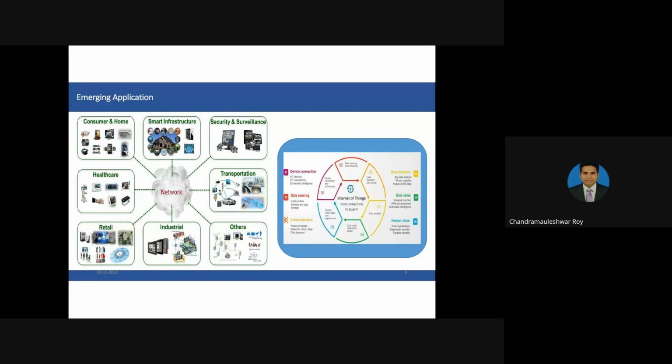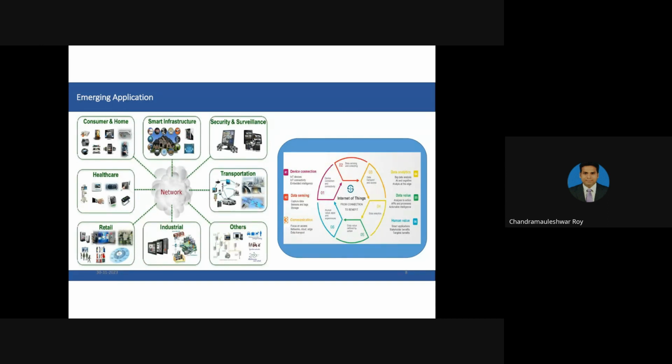If security is not there, it's a problem. Security can also be seen in the defense sector, where the data they are sharing should be very secure. So security and surveillance should be very strong, and in that way also, IoT-based work is going on nowadays.